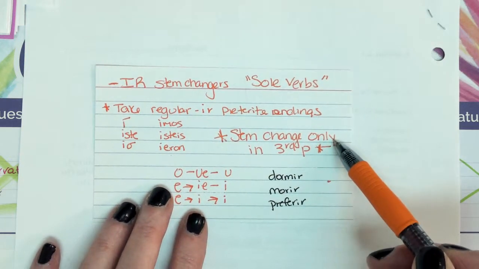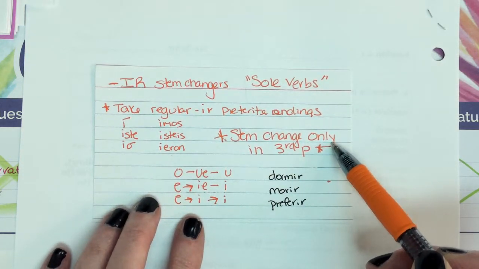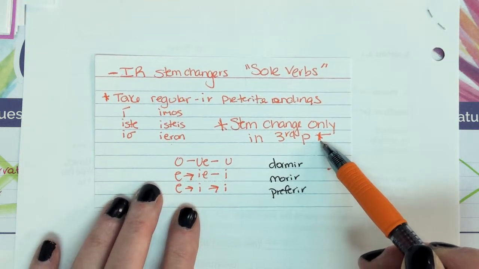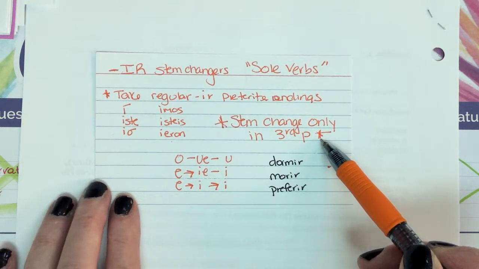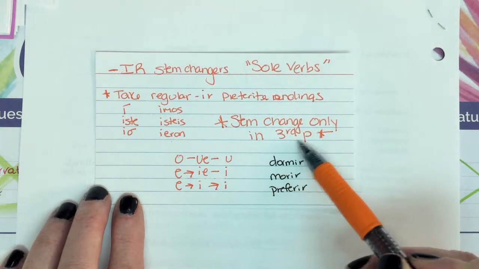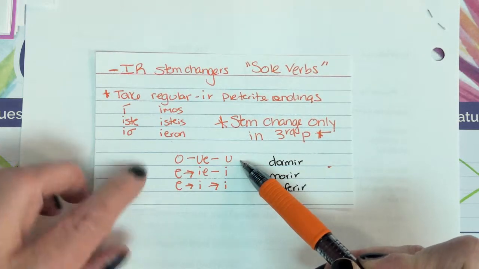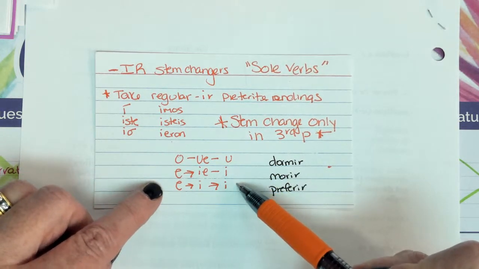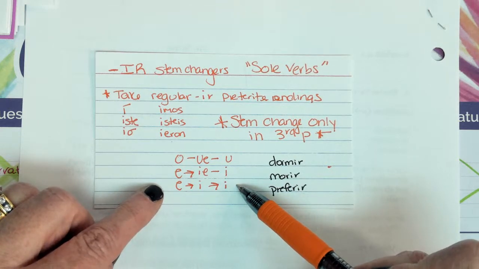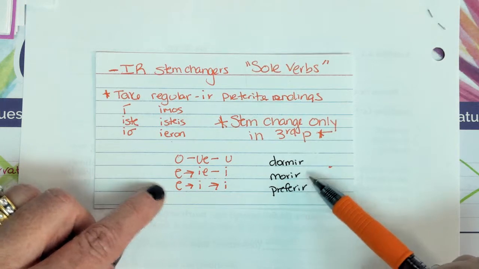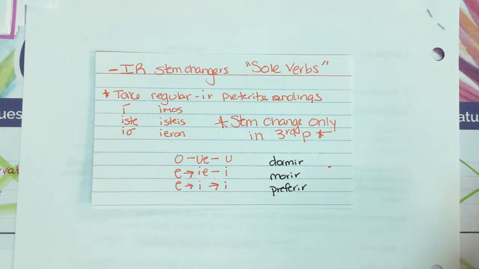You definitely want to put on there that the stem change is only in the third person. And that in that third person, it's a modified stem change. So the O to UE goes to U, E to IE goes to I, and the E to I stays I. And then I added a couple of our stem changing verbs that would go on there.